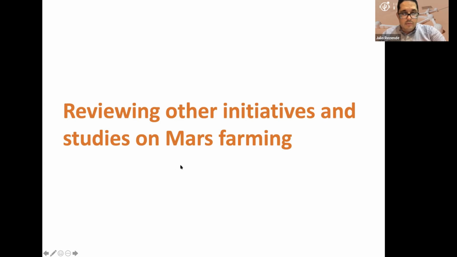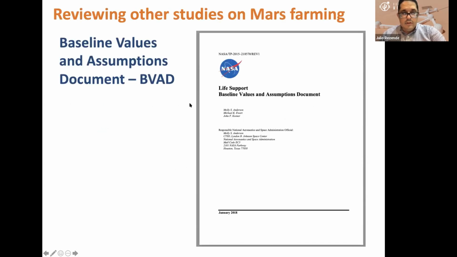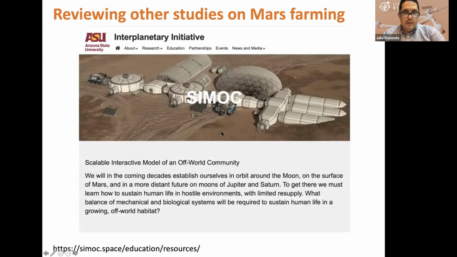Also, we would like to review all the initiatives and studies on Mars farming. One important document is the Baseline Values and Assumptions Document, BVAD, from NASA, also available on the internet. Another important initiative is called CMOC.